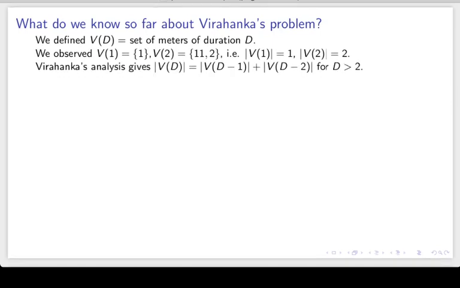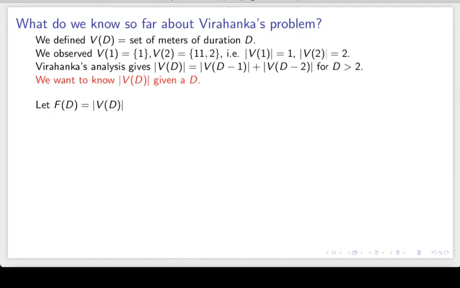And then we followed Virahanka's analysis, and that gave us this identity. The cardinality of V of d equals the cardinality of V of d minus 1 plus the cardinality of V of d minus 2, for any d bigger than 2. The goal is that we will be given a d and we want to compute the cardinality of V of d.